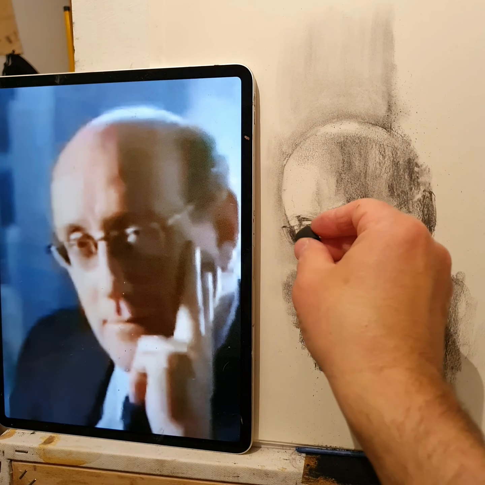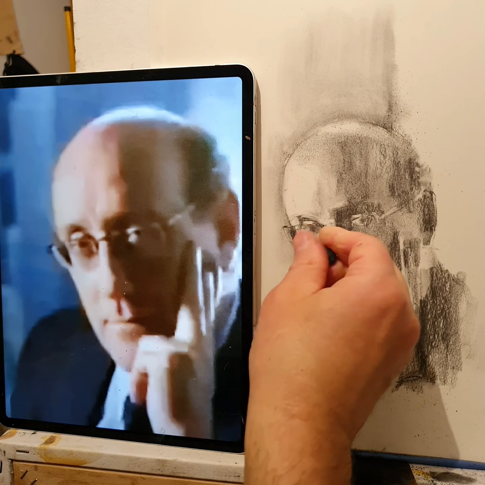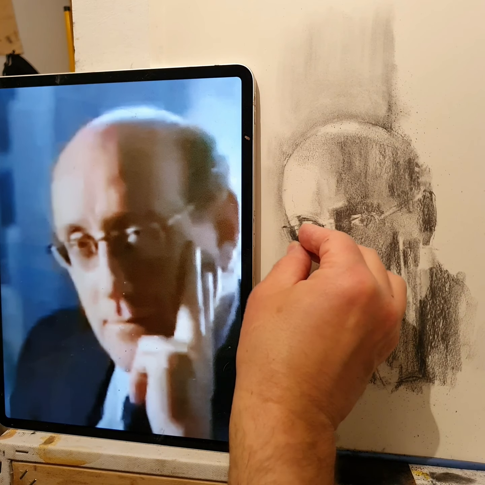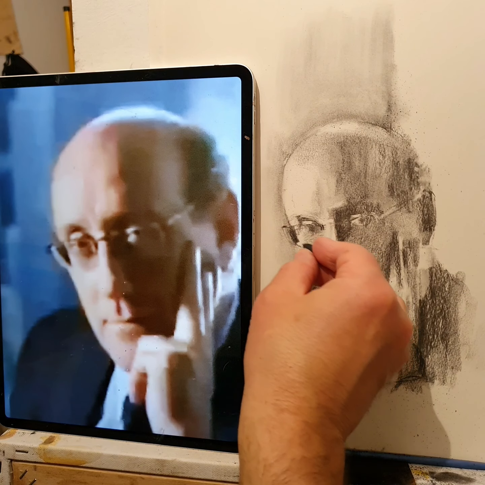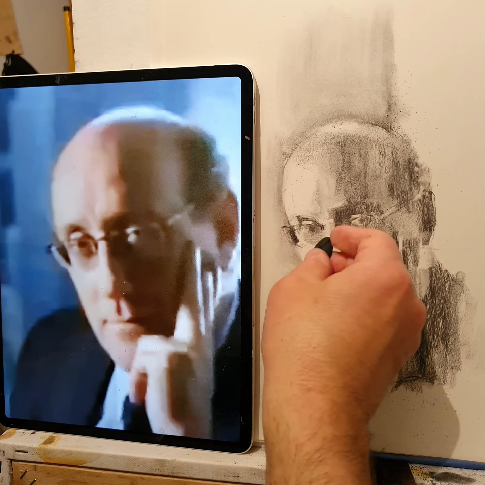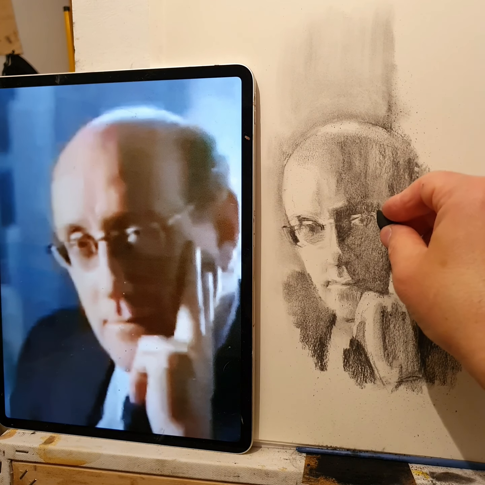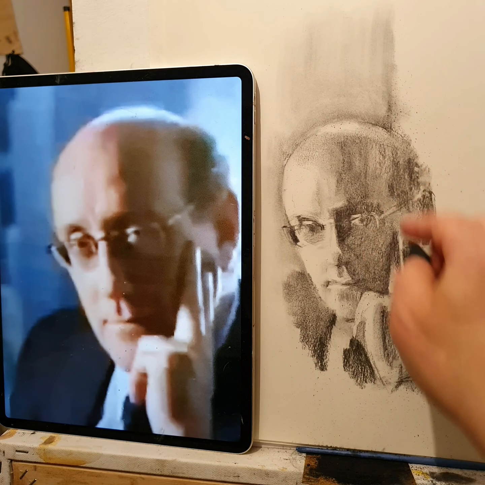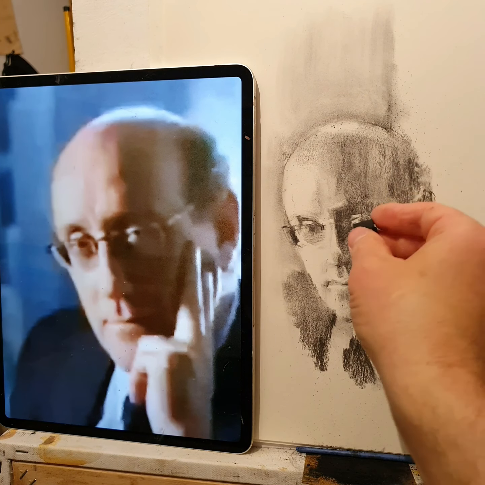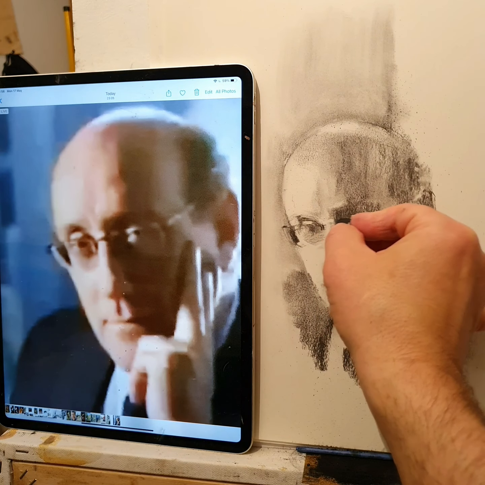Eyelid, white of the eye, careful not to make it too bright. Spectacle here, a bit lighter, but the spectacle a bit lighter. There you are. All right, and then the spectacle right here.